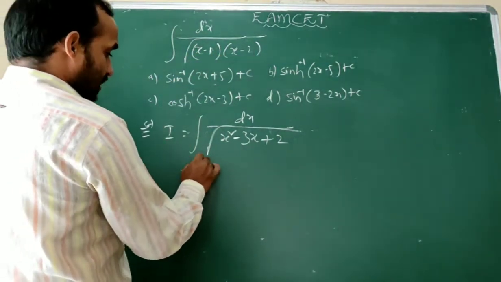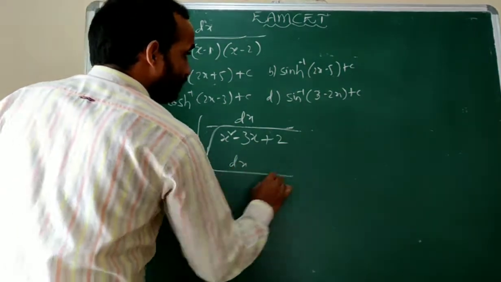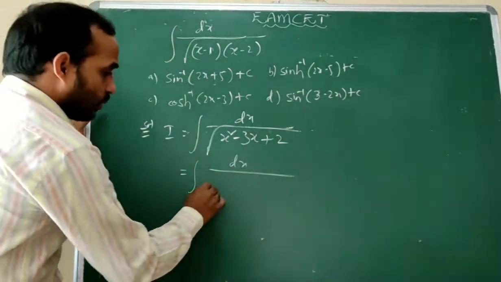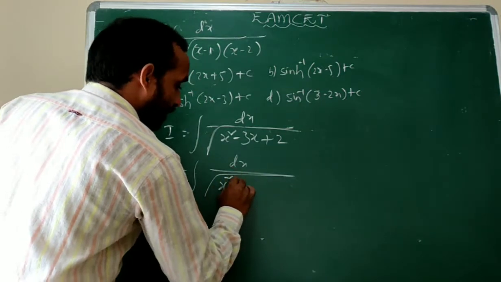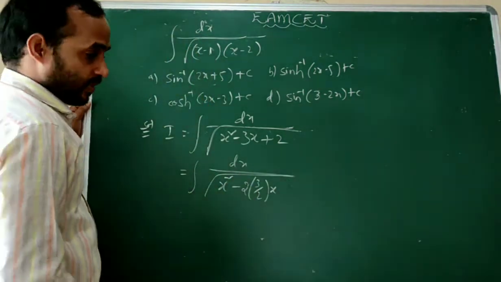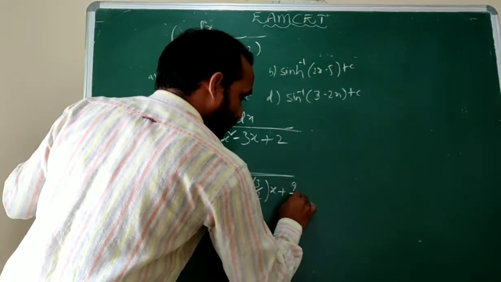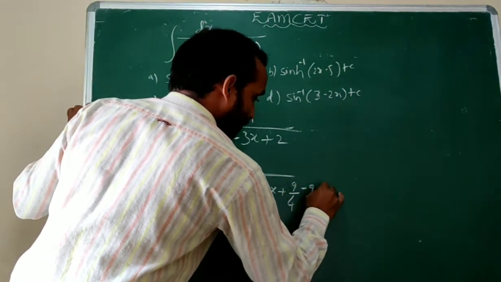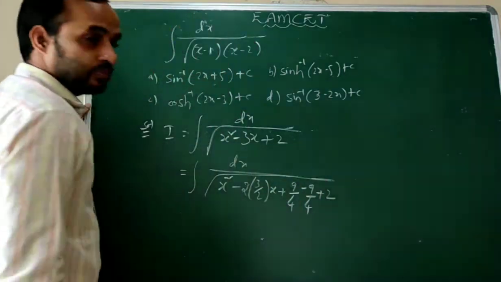So that equals integrating dx by under root of x square minus 2 into 3 by 2x plus 9 by 4 minus 9 by 4 plus 2.